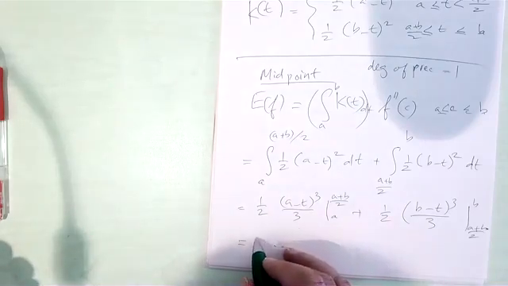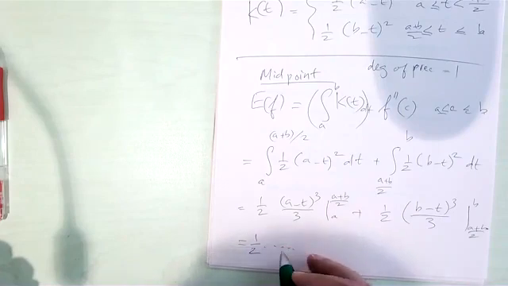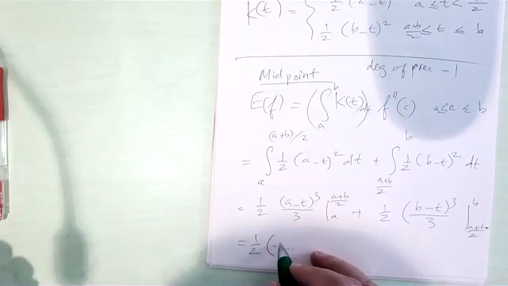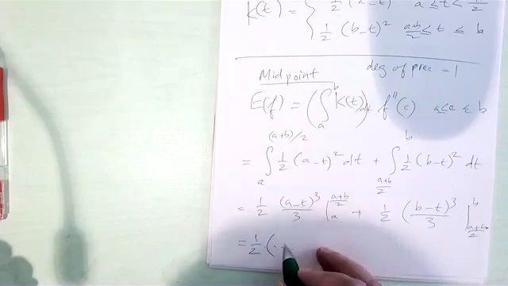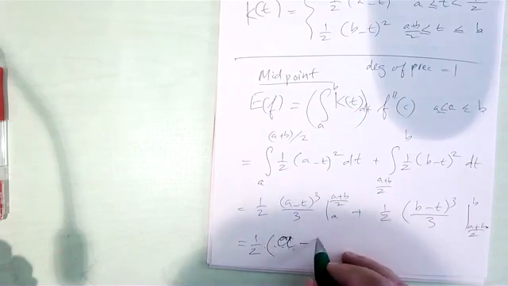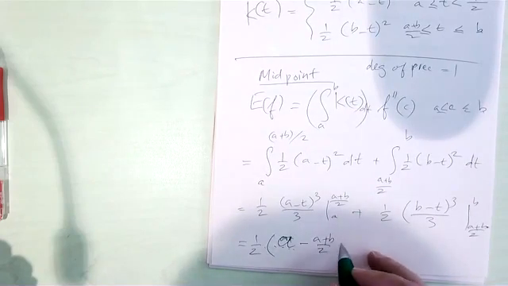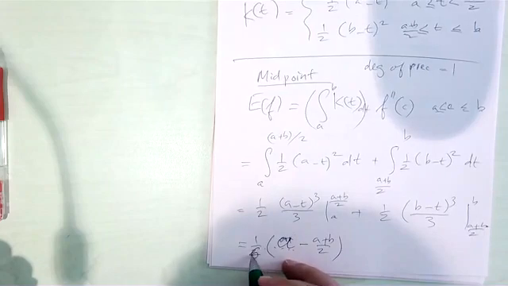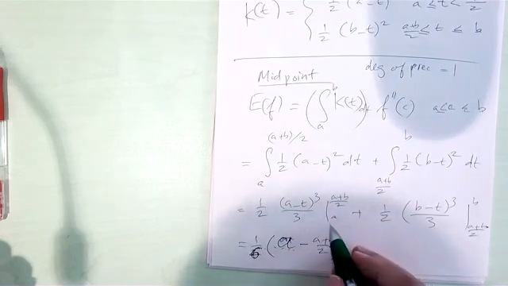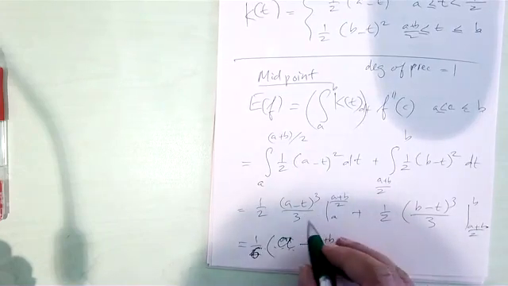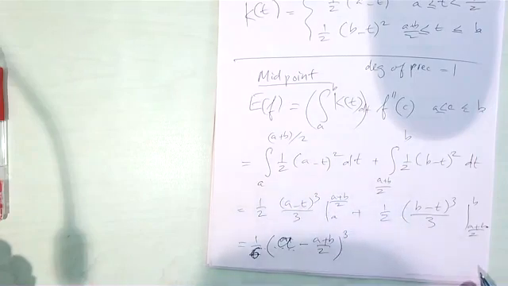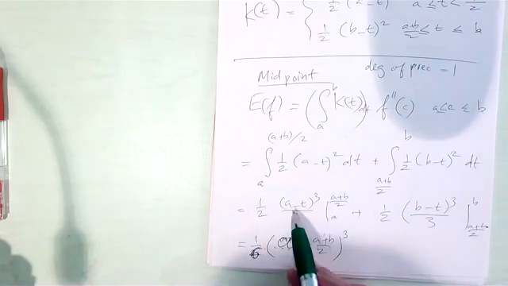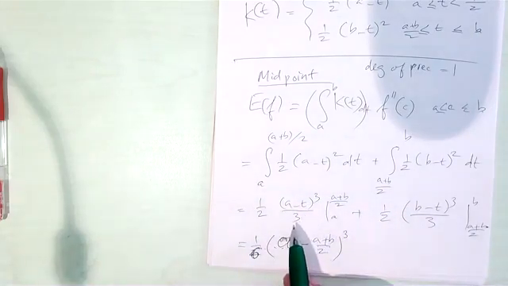Suppose I plug it in: you have a minus (a plus b)/2, with 1 over 6, cubed. When you plug in t equal a, it equals 0.